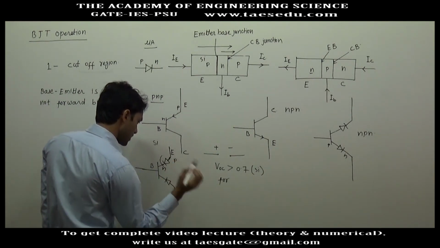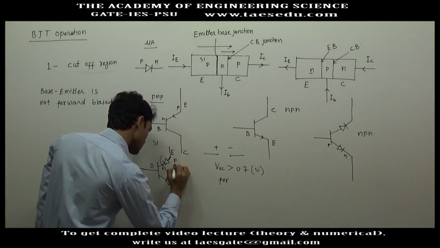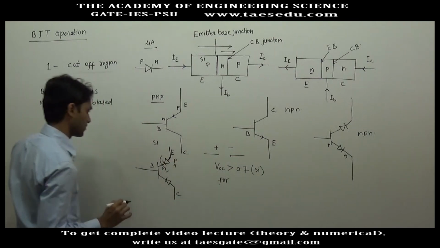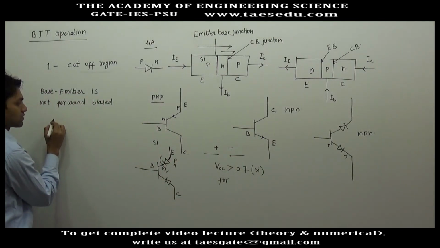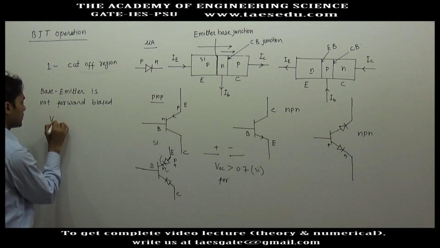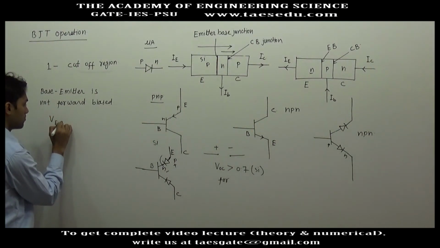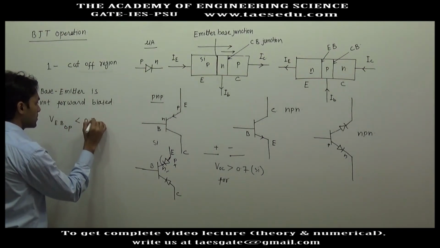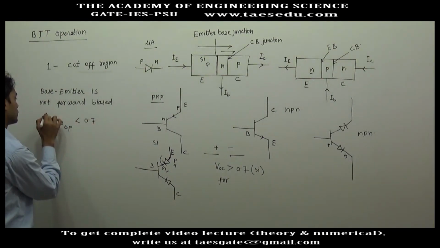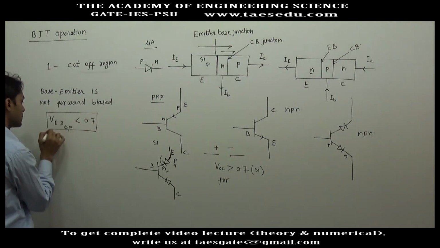So in open circuit voltage we will take positive and negative. So here we will write V emitter to base open circuit is less than 0.7 volt.